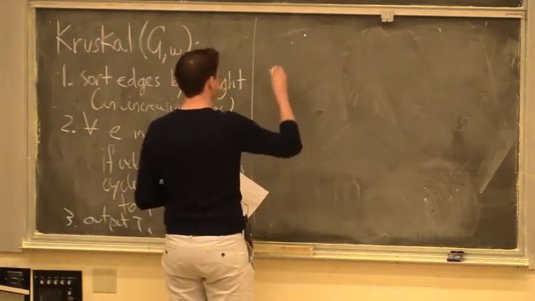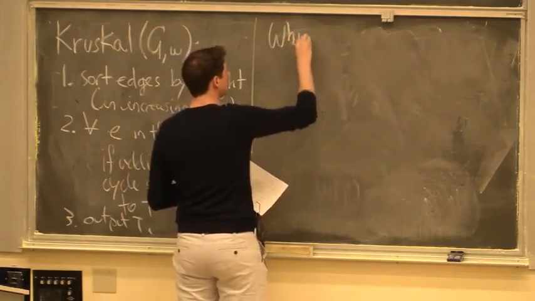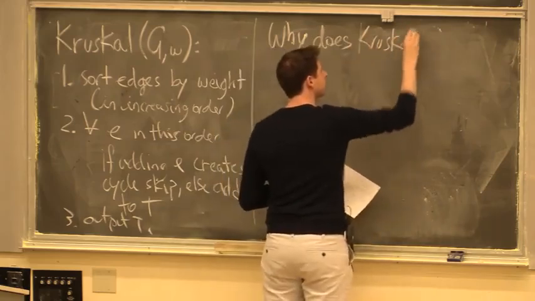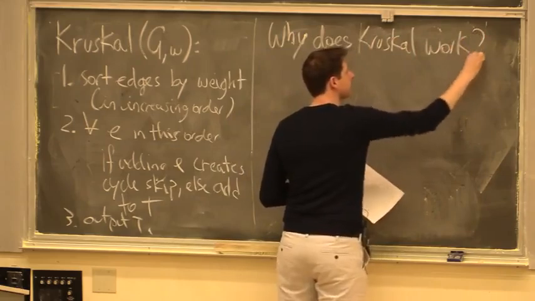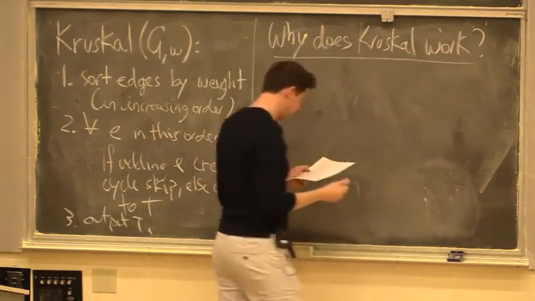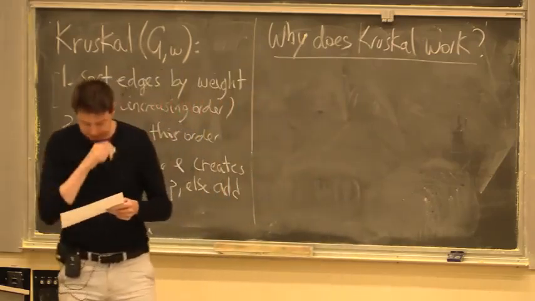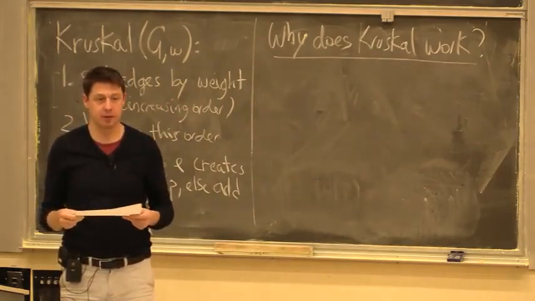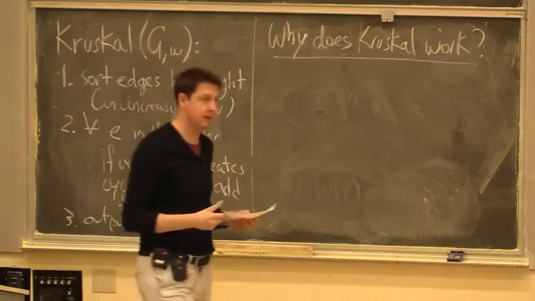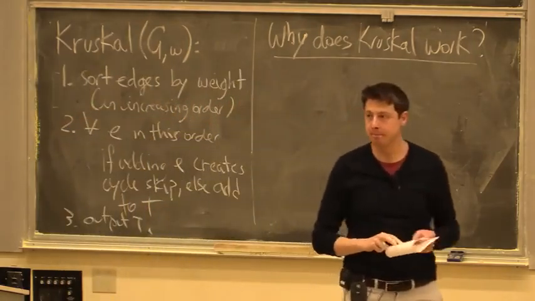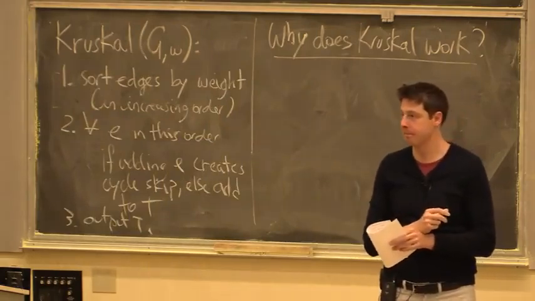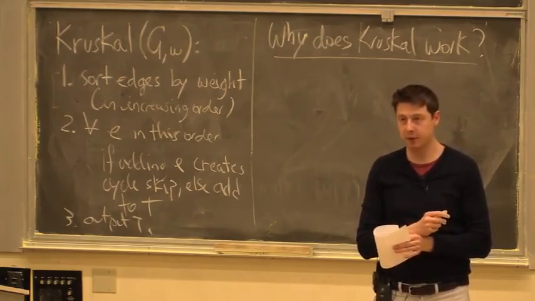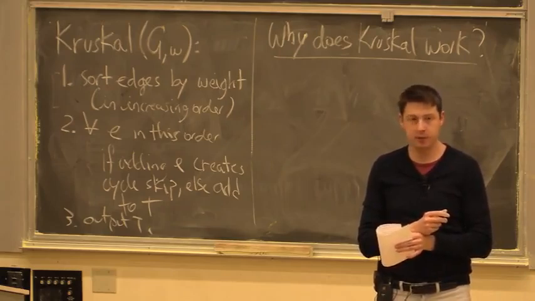So why is the algorithm correct? Anybody want to try to explain it? The first choice the algorithm makes is the cheapest edge, period. So why is that a reasonable choice?